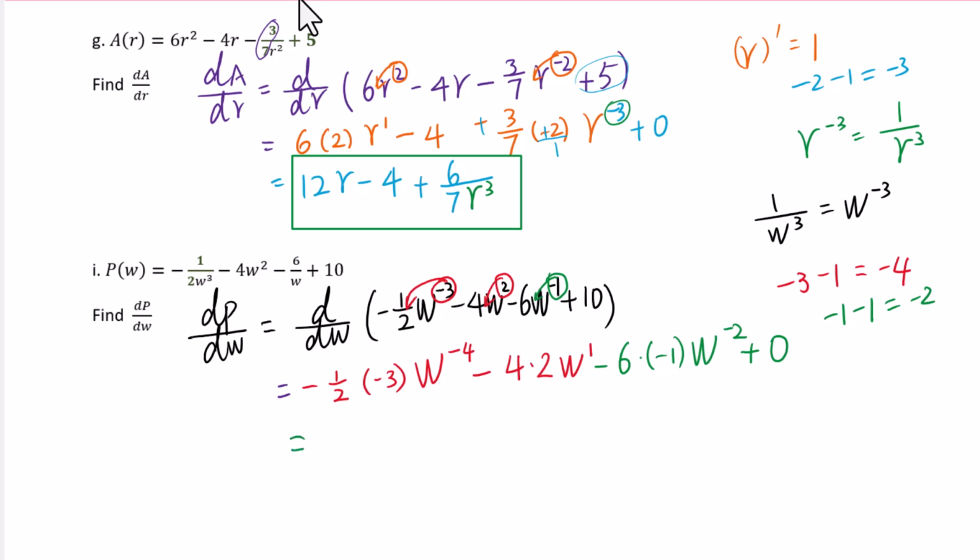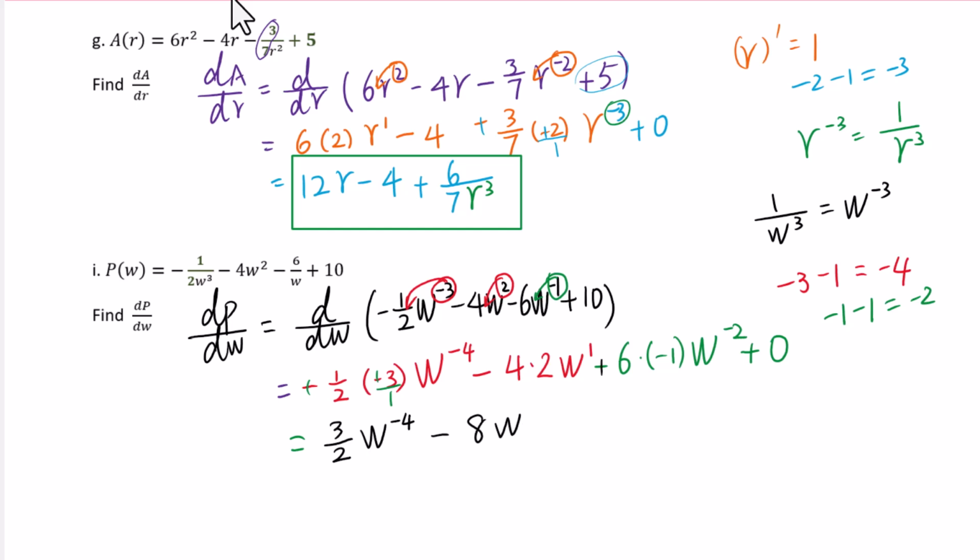Organize over 1. Negative negative will be positive. So we get 3 over 2 w to the negative fourth power minus 8w.